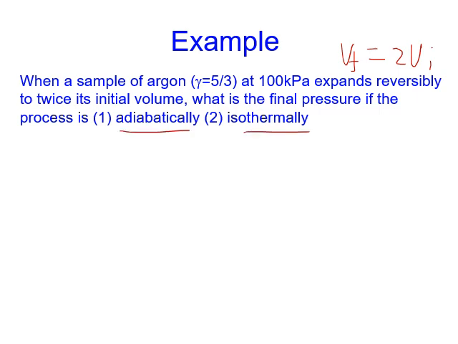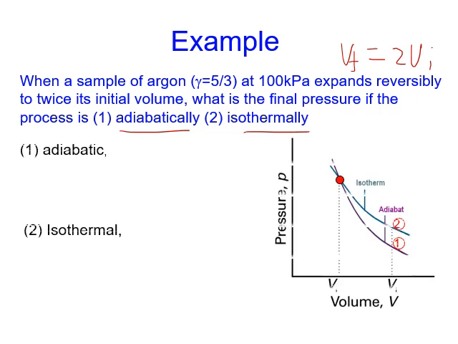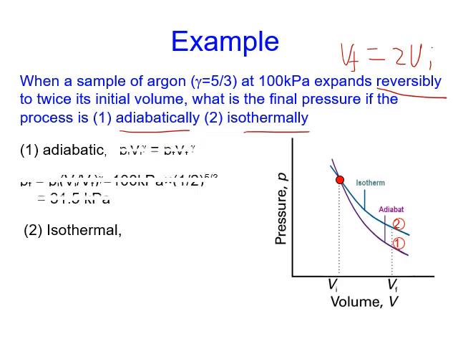Okay, so first let's look at the adiabatic process. For an adiabatic reversible process, we have two equations. We choose the one that has pressure: PV to the gamma's power, initial equals final, and therefore we can calculate the final pressure.